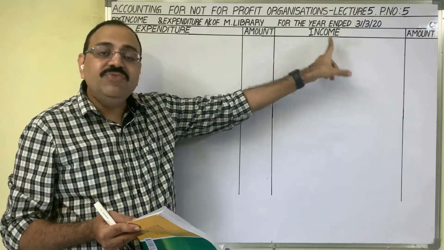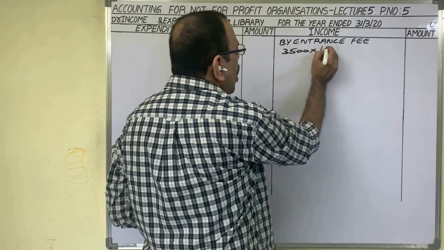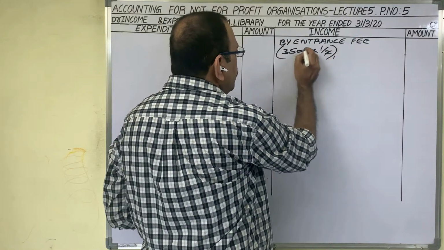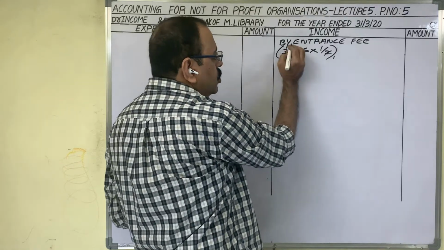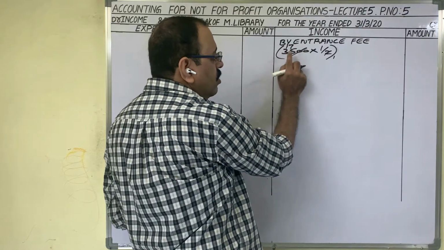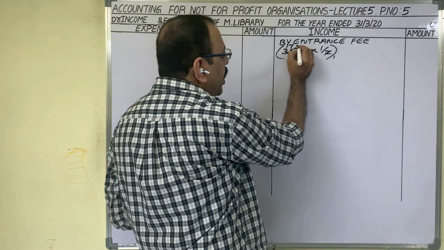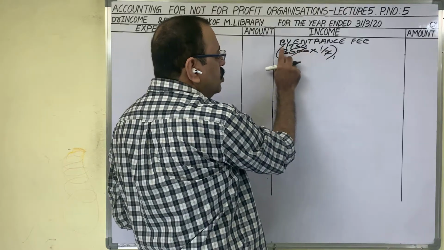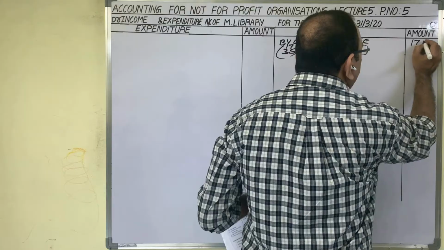By entrance fees, 3,500 into half, 1 by 2. 3,500 divided by 2 is 1,750. So 1,750 into 1, same value, 1,750 rupees.